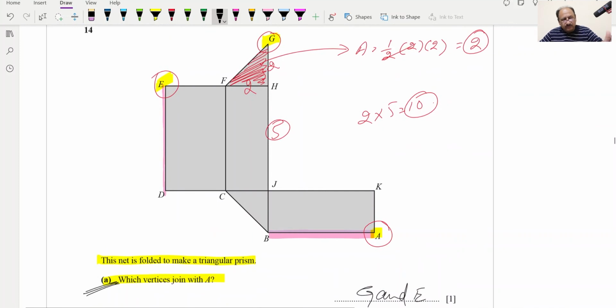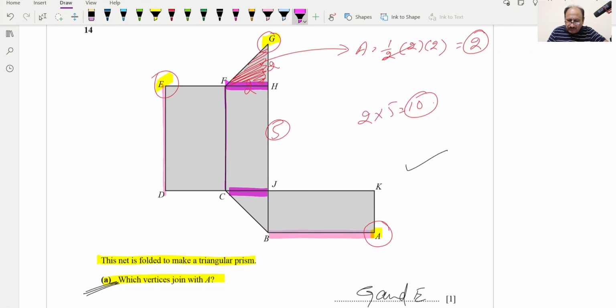Now I just want to add that for part A and B, if you are confused about which side is joining to which side, I will advise you to print this page of the questionnaire and cut this one from the boundary line A, B, C, D, E, F, G, H, J, K, and then A. Cut this piece and fold it from these lines and join.